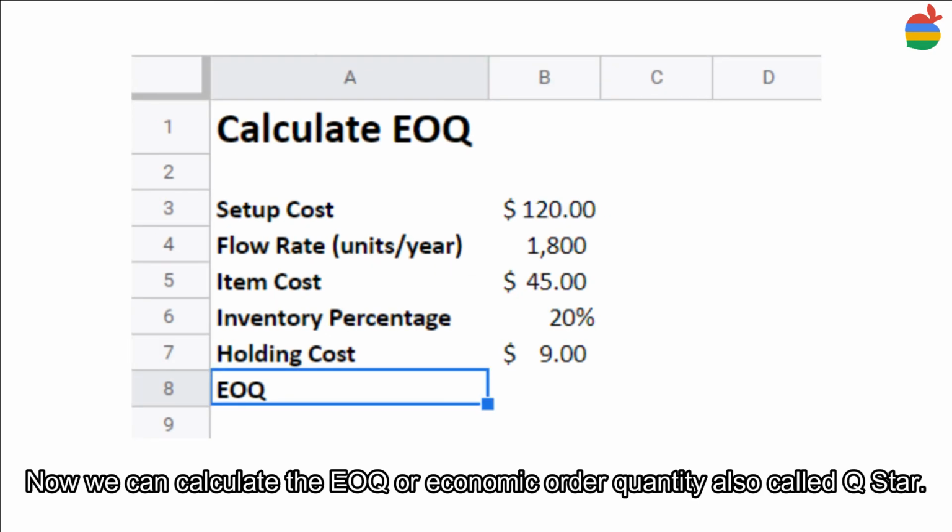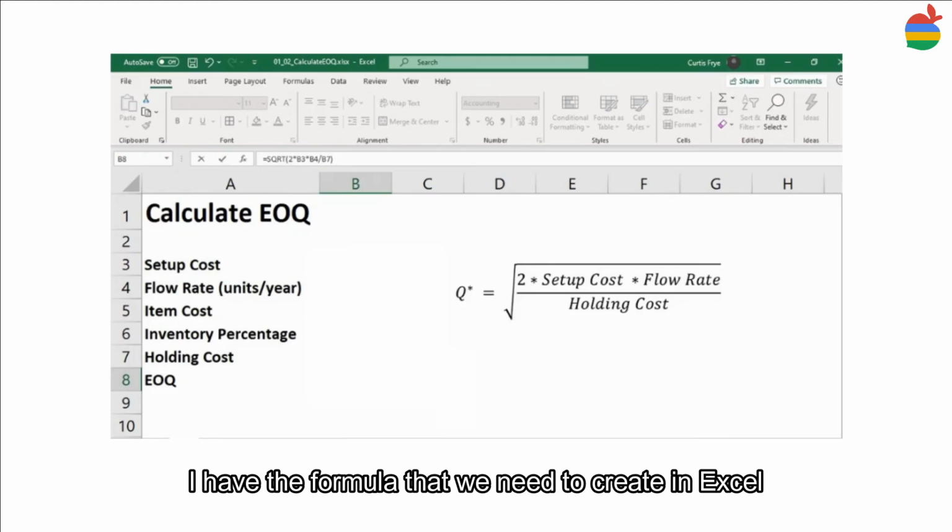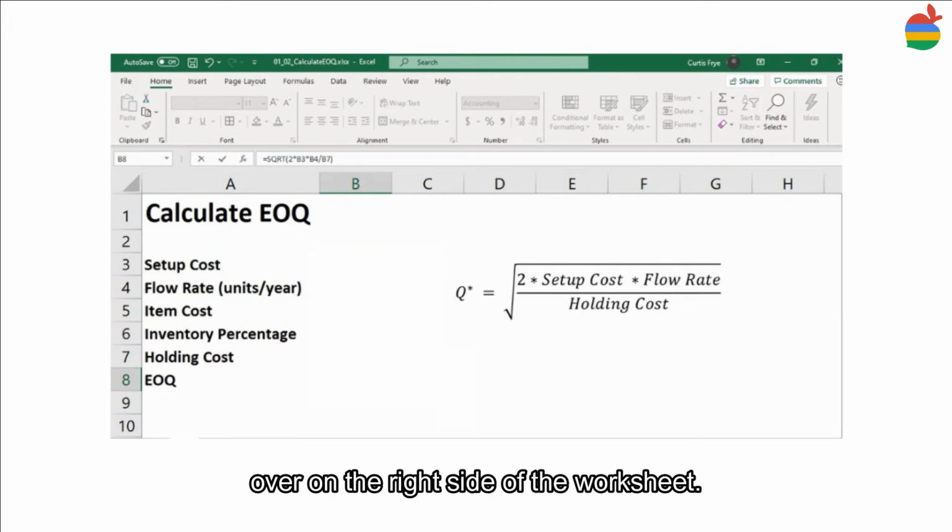Now we can calculate the EOQ, or economy order quantity, also called Q star. I have the formula that we need to create in Excel over on the right side of the worksheet.